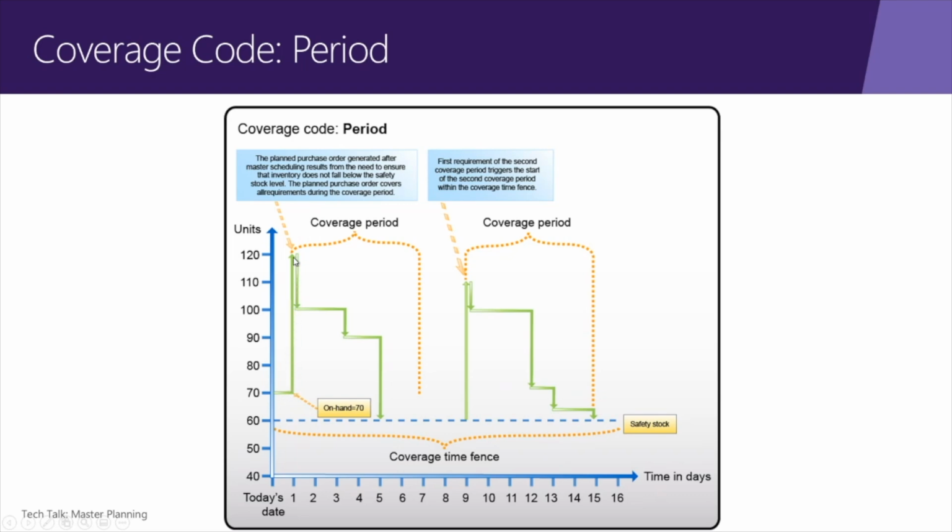So that's what a period does. If you want to have certain things that you order on a weekly basis, that probably will be the mode where you set the coverage group with a coverage code of period and the period duration being 7 days. If you plan something on a monthly basis, then you might have a coverage code of type period with a coverage period set to 30 days.